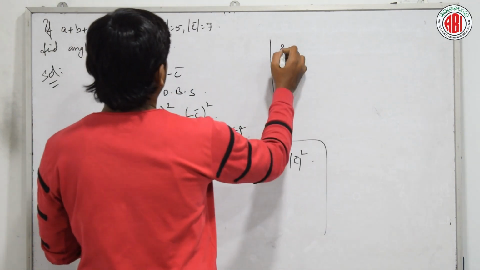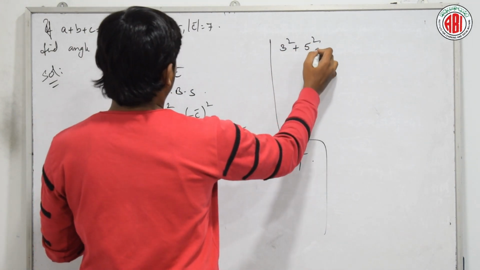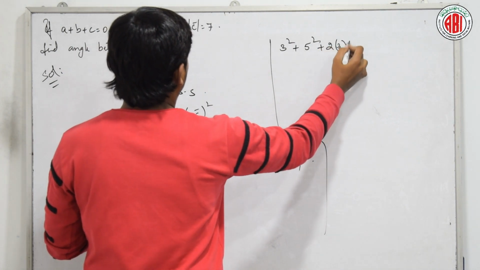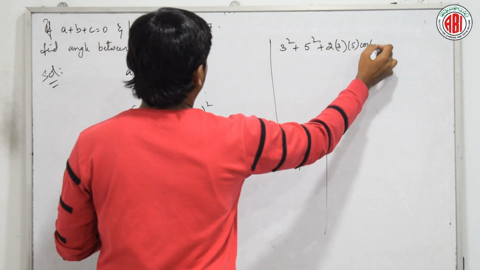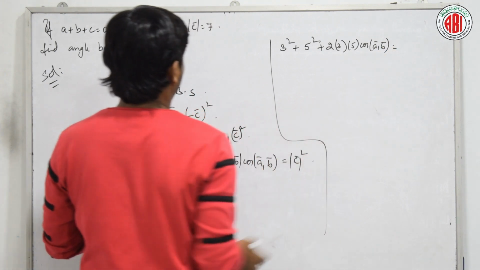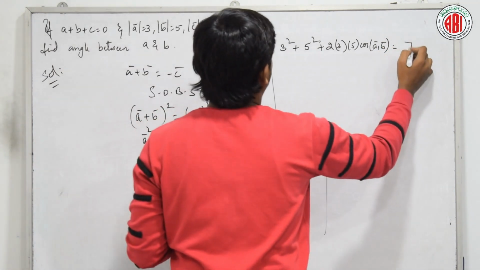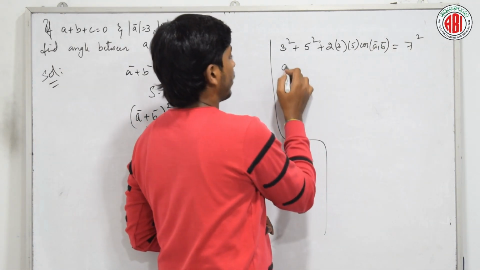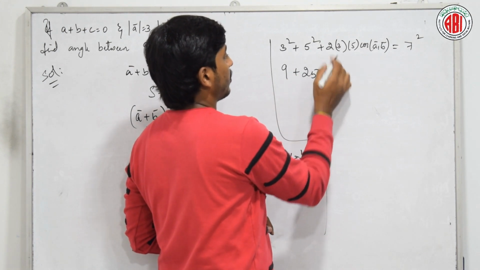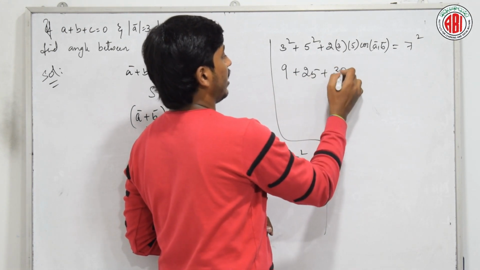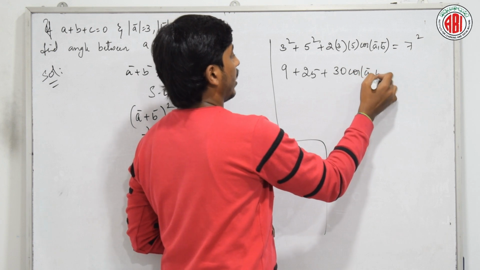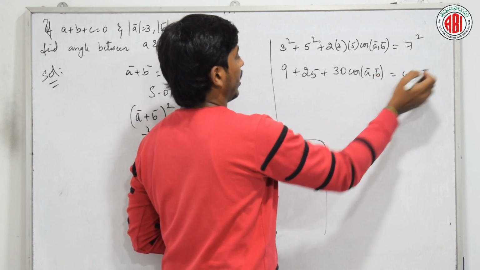What is mod a? 3 square plus 5 square plus 2 into 3 into 5 into cos of a comma b, that is equal to c, that is 7 square. 3 square is 9 plus 25 plus 2 3s are 6, 6 5s are 30 cos of a comma b, that is equal to 49.